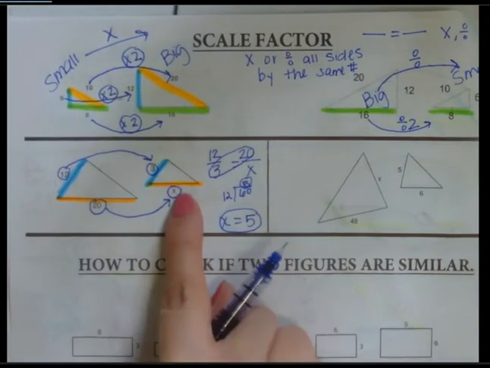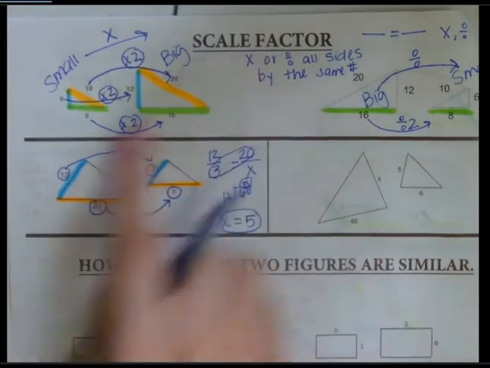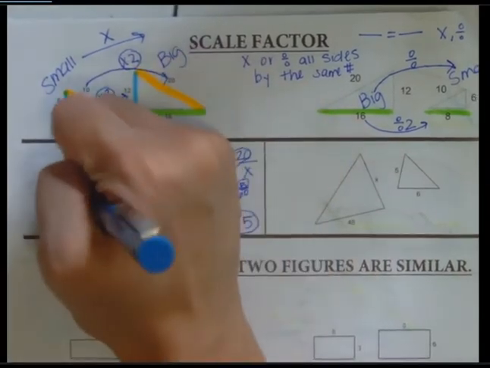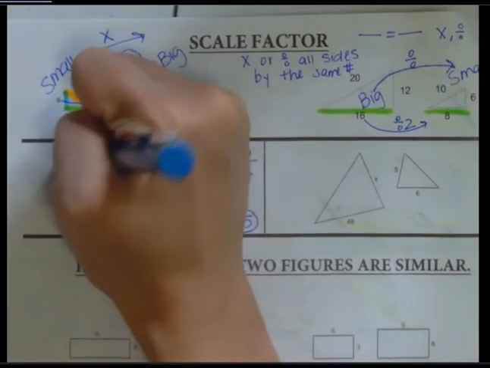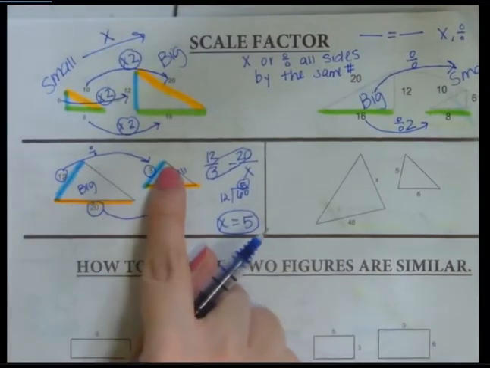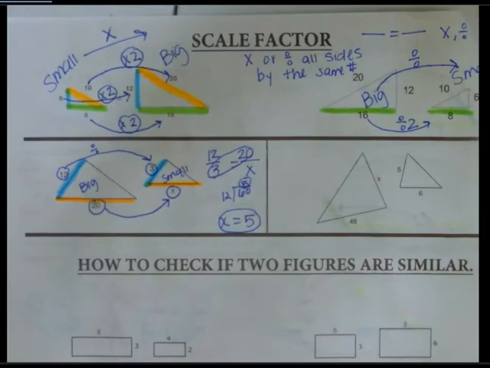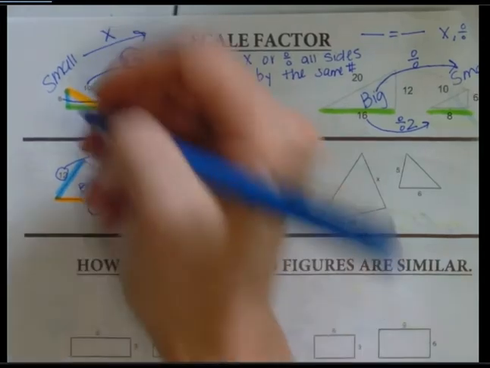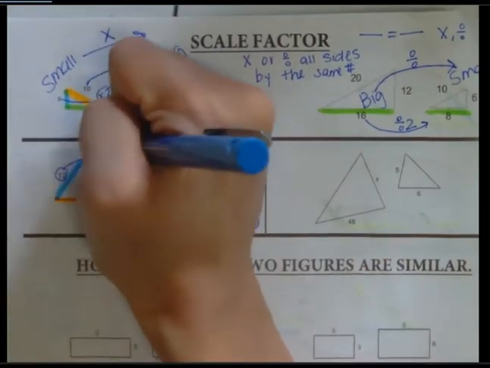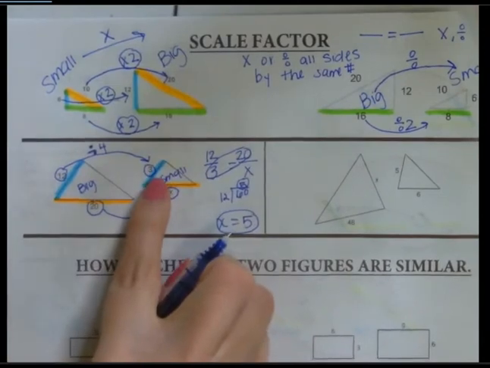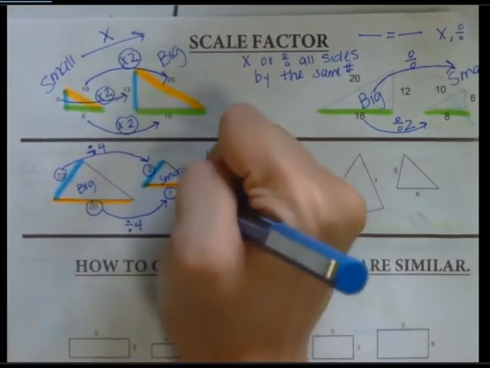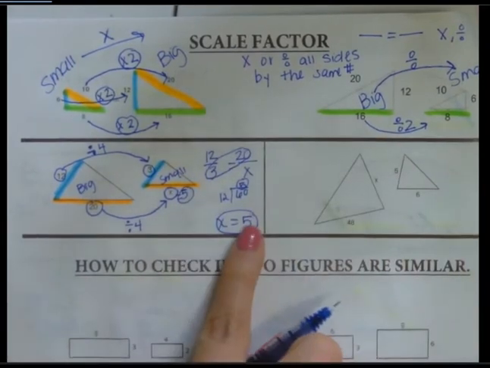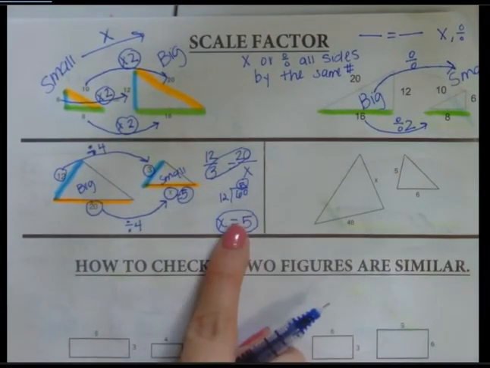Now, if we do it with the scale factor, there's a relationship from the big one to the small one. We need to divide. So let's check. From the 12 to the 3, is it divisible by a whole number? 12 divided by 4 gives me 3. So I'm going to do the same to this one. 20 divided by 4 gives me 5, which is the same answer that I got with my proportion.